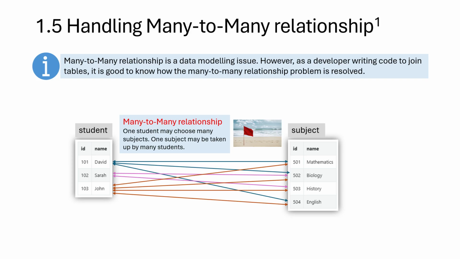The problem here is that relational databases cannot directly represent many-to-many relationships. They only allow one-to-many relationship or one-to-one relationship between any two tables. In that case, how to resolve the many-to-many relationships?